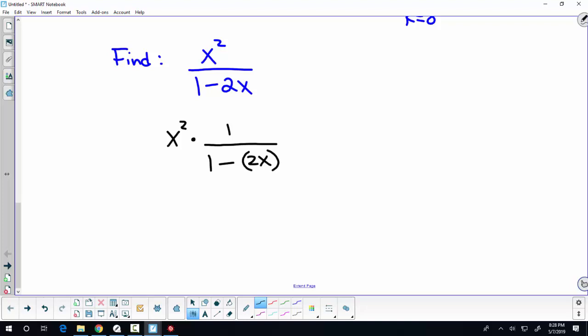So not only did we use composition, 2x in place of x, we multiplied that by x squared as well. So that's equivalent to the original series, sum from k equals 0 to n, we had x to the n, where our x now is 2x, and we multiplied all of that by x squared.